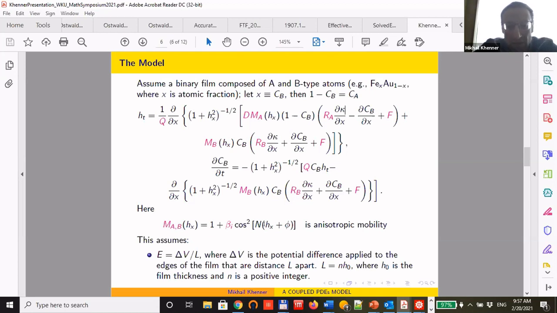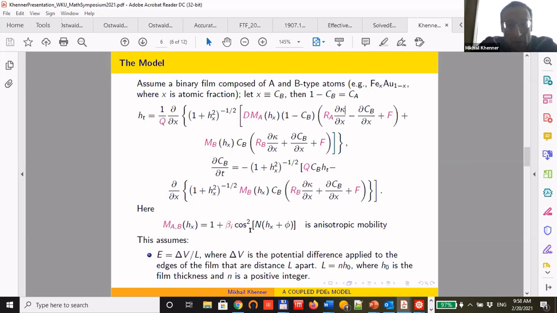This function is a function of the slope of the surface, hx, okay? And beta here is the strength of the anisotropy. Why does the anisotropy come in? It comes in because the film is a crystal, and therefore diffusion is anisotropic on the crystal surface.